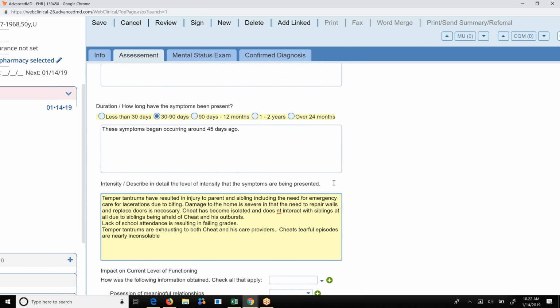Whereas if those exact same symptoms were present, but they've only occurred for 30 to 90 days, just off duration alone, you don't meet criteria for persistent depressive disorder or dysthymia.